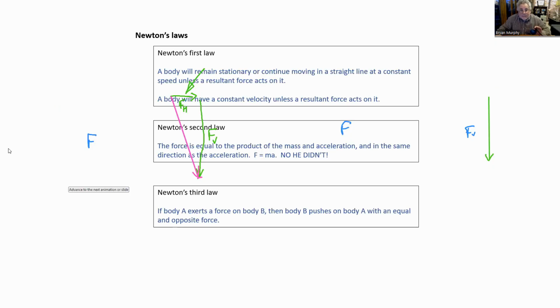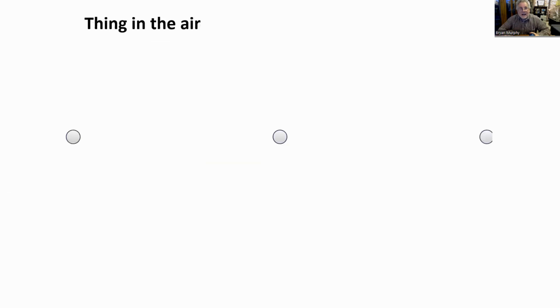Okay, now let's have a think about what these vectors are that I'm talking about. So here is my thing in the air again. What I'm going to do is make it move in those directions. So those are its velocities. I've done them in red. Those vectors are the velocities.